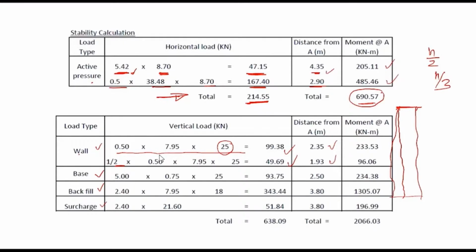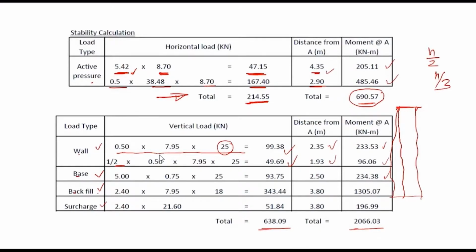This is the lever arm from point A. So the moment about A will be this. This is for the base slab, total slab. This is for the backfill above the heel, and these are the surcharge above the heel. The total moment about A will become 2066.03 kilonewton meter, and the total force will become 638.09.